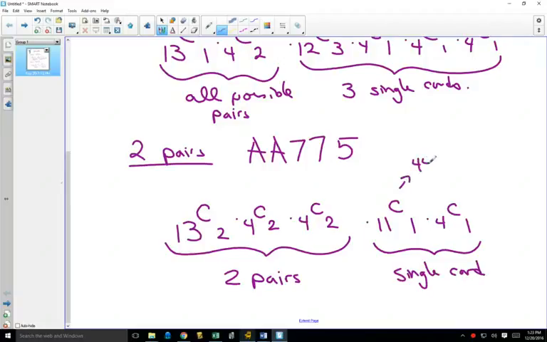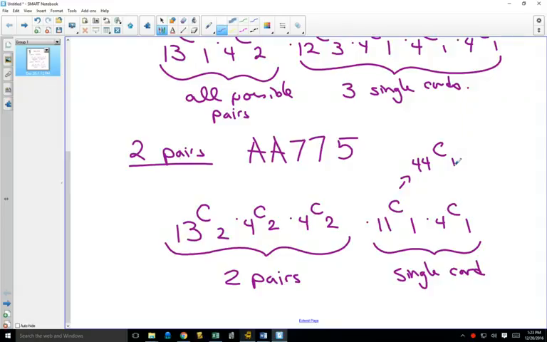Does it make sense that if you wanted to do it all at once, you could have done 44 choose 1? Because after you've picked your 2 pairs, you have to take out all of the aces and sevens out of the deck, and there would be 44 cards left. And then you just need to choose 1 more to get your single card.